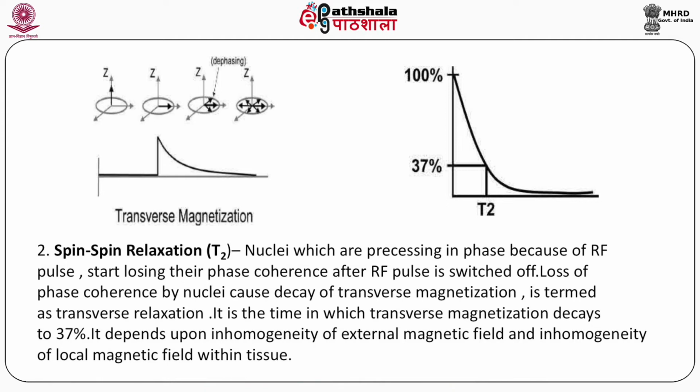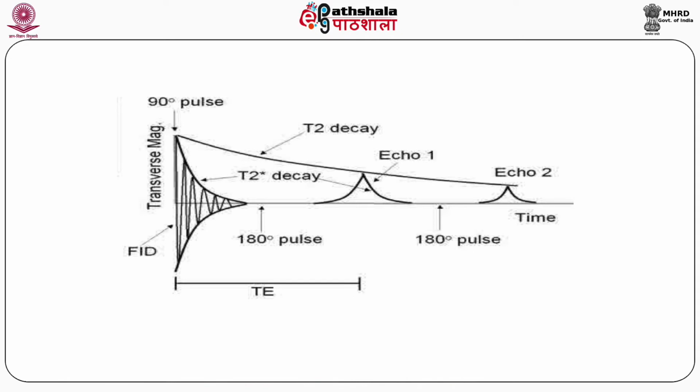You can see the T1 relaxation time, in which there is a growth of longitudinal magnetization, which is of course called T1. Different tissues have different T1, and depending upon the difference of T1 we get the contrast on MRI. Then another figure tells you about the decay of transverse magnetization.